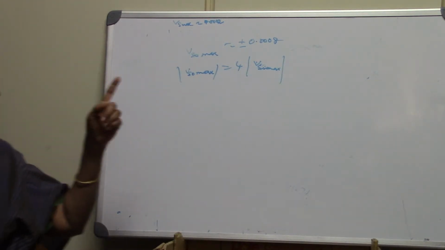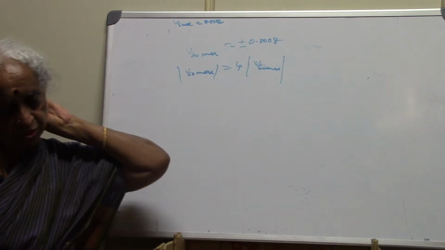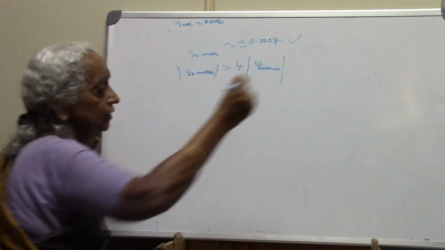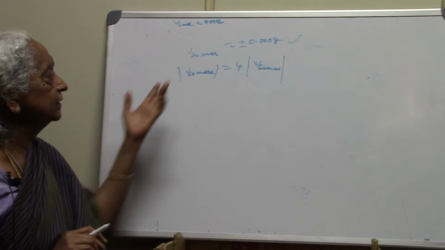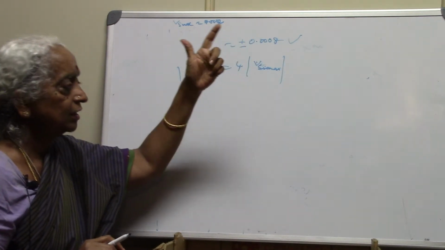That was 0.0002, and 4 times that is 0.0008 volt. So this will vary. This is a simple harmonic variation.